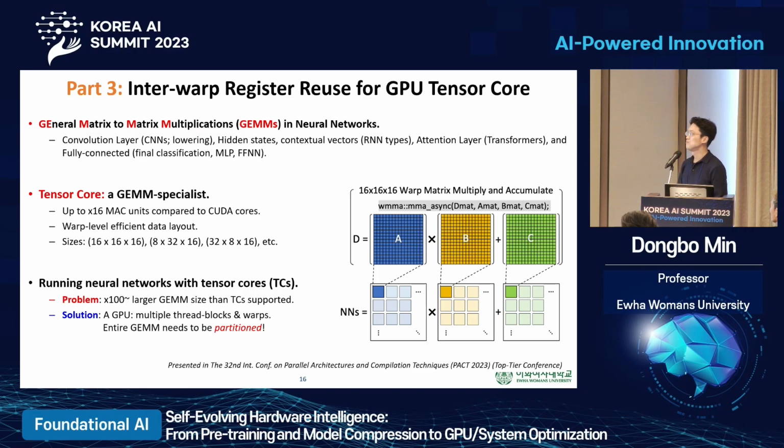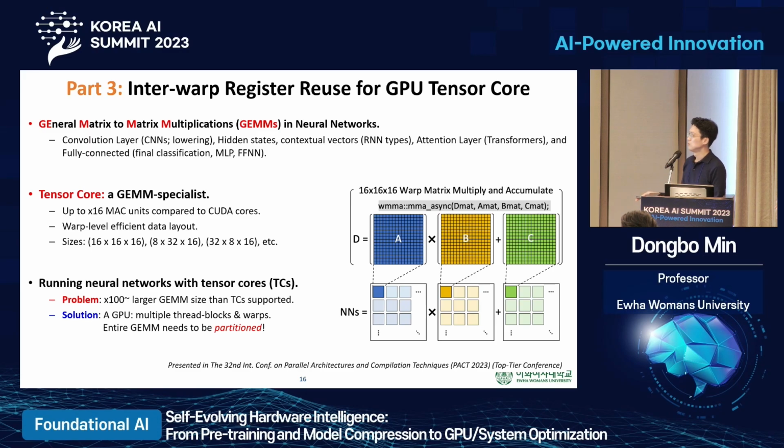General matrix-to-matrix multiplication, called GEMM, is commonly used in convolutional neural nets, LSTMs, or even transformers. In order to implement GEMM, we can define the tensor core, which is the architecture format for implementing GEMM.